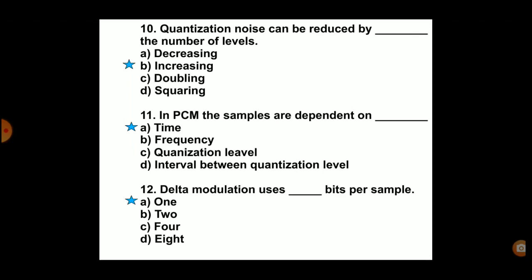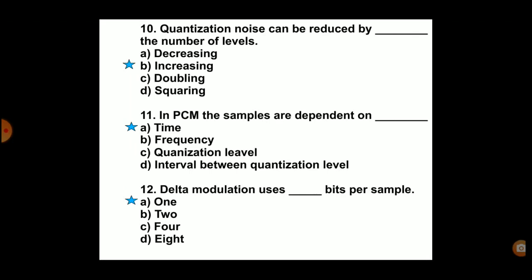Next question. Quantization noise can be reduced by dash dash number of levels. Options are decreasing, increasing, doubling, squaring. Correct answer is increasing. In PCM, samples are dependent on dash dash.